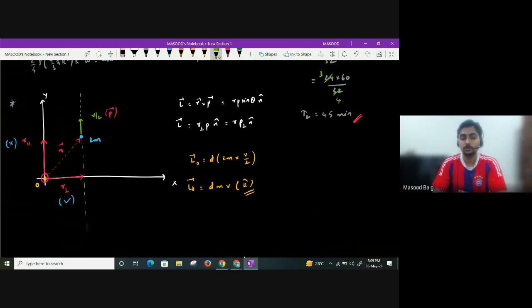So angular momentum about the origin will always remain constant. It is a previous year question again. Whenever an object is moving with constant velocity along a line, what will happen to the angular momentum about the origin? Wherever the object may be, the perpendicular distance between the origin and this line will always remain constant. So angular momentum will always remain constant. Clear, all of you?